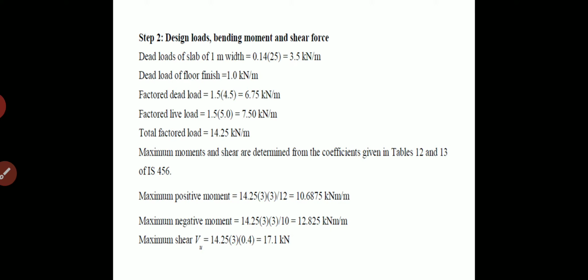Now in step second: design loads, bending moment and shear force. So we calculate all the loads. First we calculate the self weight, the dead load of slab of 1 meter width.